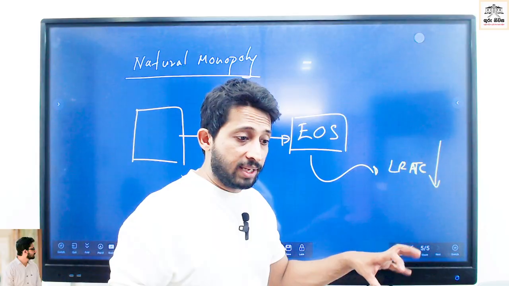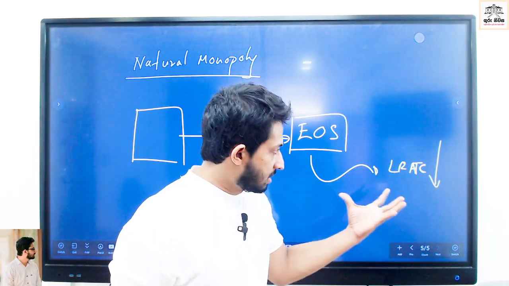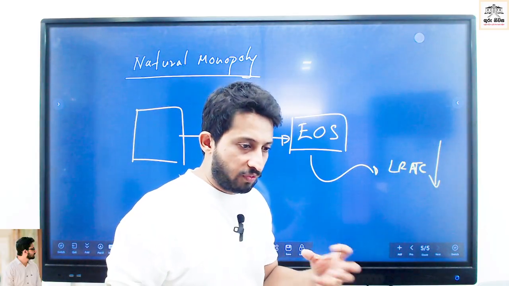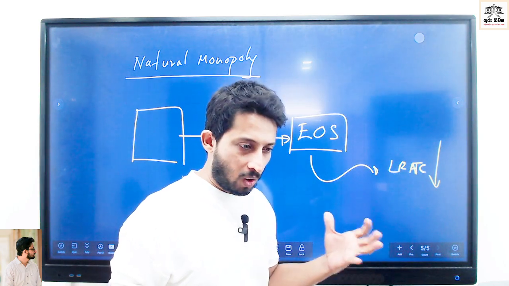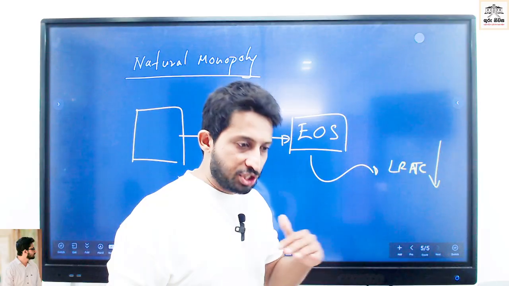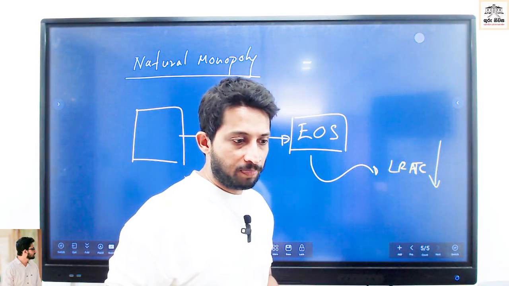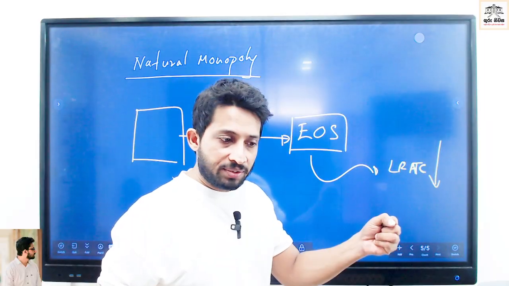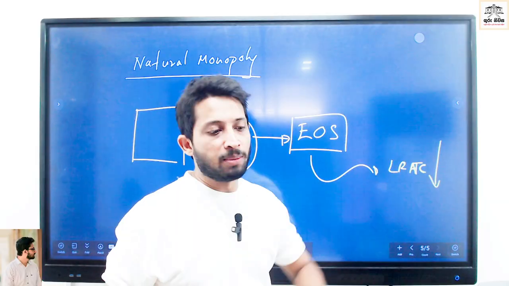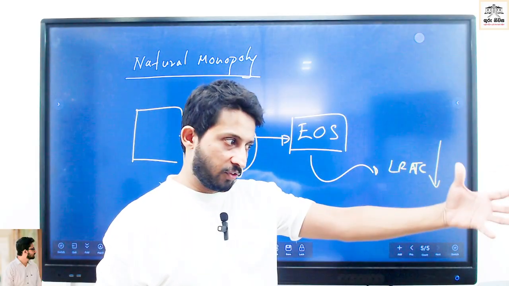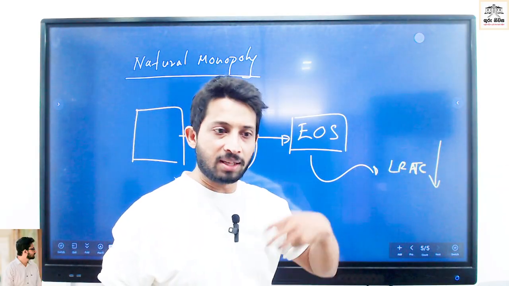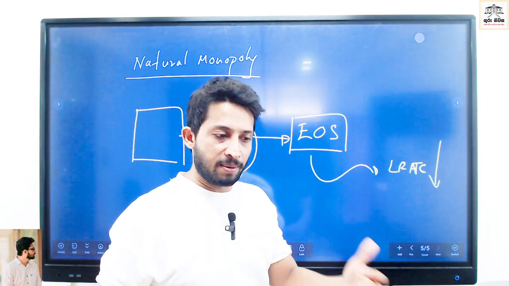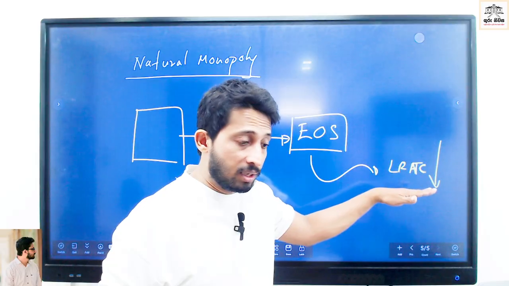This advantage, the lowest possible cost at which the existing firm can produce goods and services, restricts other new firms from coming into the market. Other firms can enter the market, but they are not able to produce the same product at this cost.